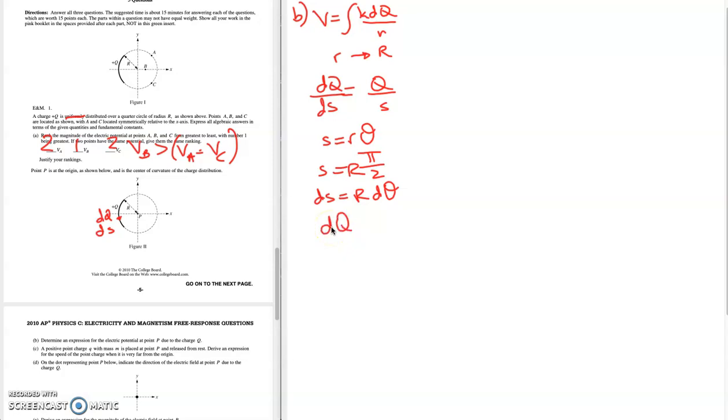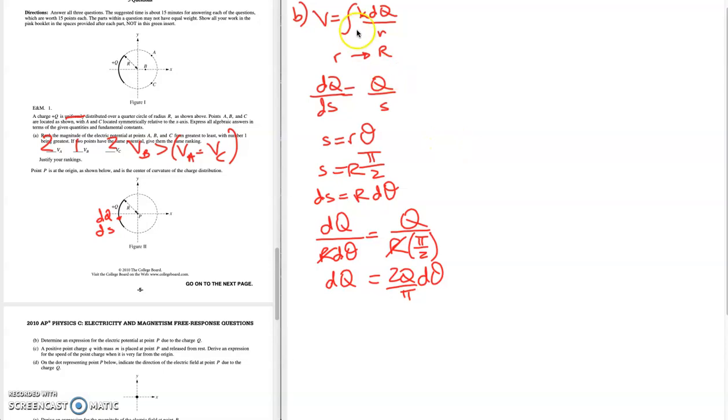So dq over r d theta is going to be Q over r pi over 2. We cancel out those r's, and now we can write dq as 2Q over pi, flipping that fraction around, d theta.